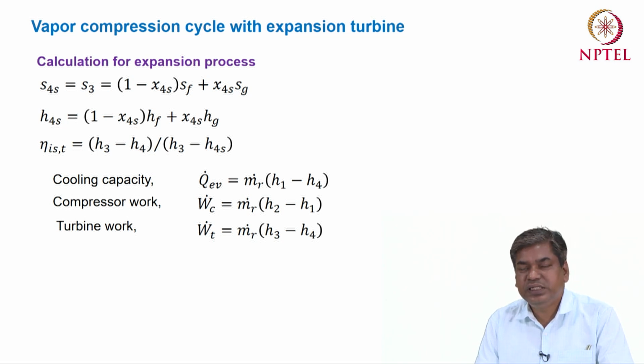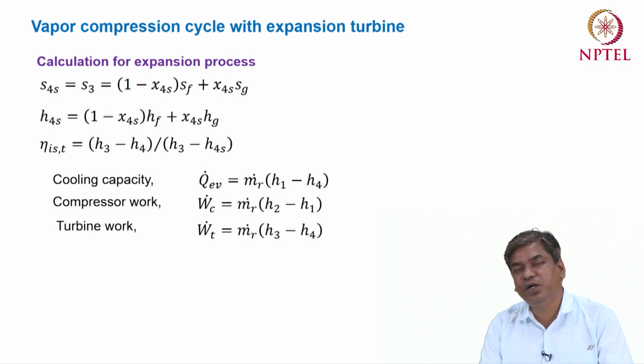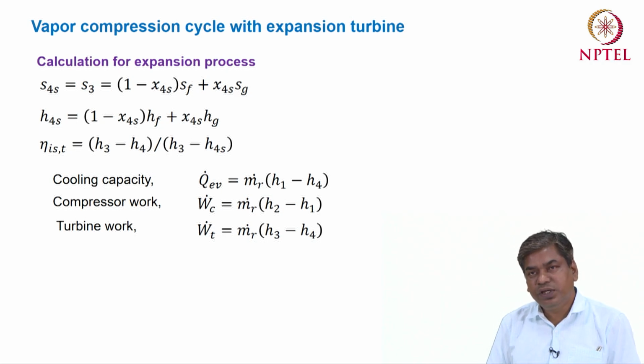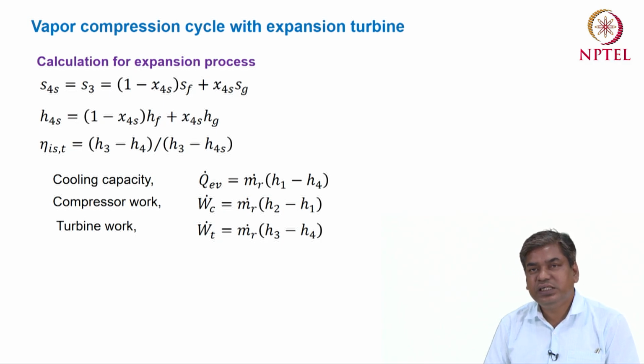From basic thermodynamics, we can easily explain that the compressor work is always higher than the turbine work, because for the same pressure difference, the work depends on the density or the specific volume of the fluid. A higher specific volume gives higher work for a given pressure difference, and a lower specific volume gives lower work.